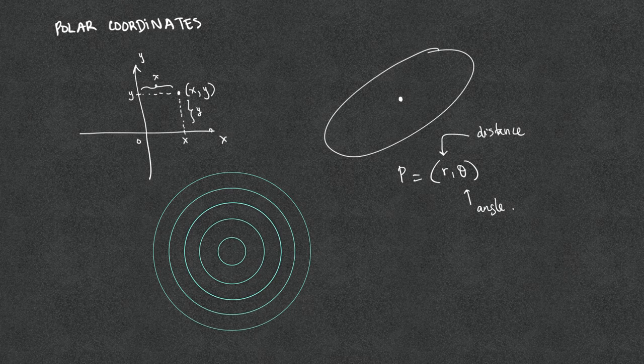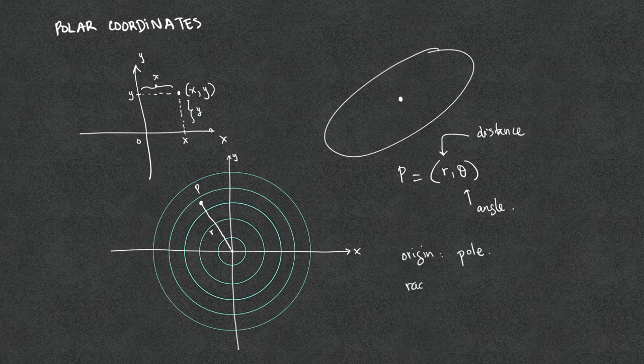In the polar coordinate system, the origin is called the pole. The distance from any point P to the pole is called the radius. So the radius is the distance OP.